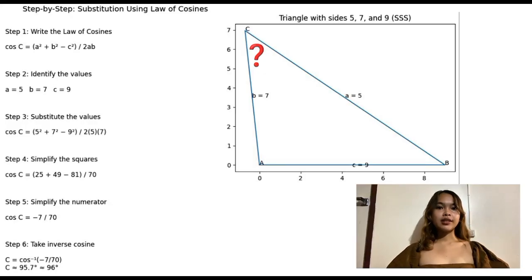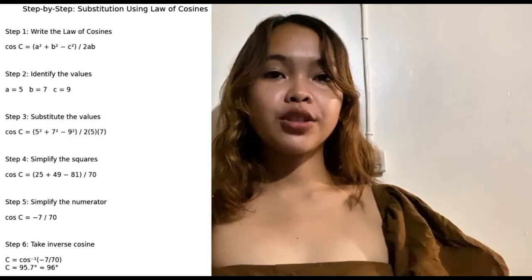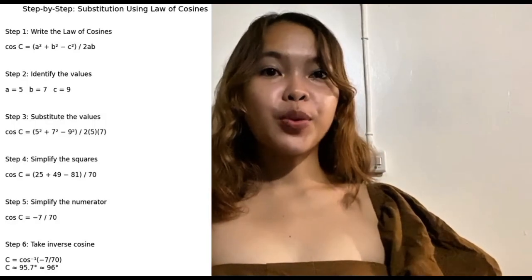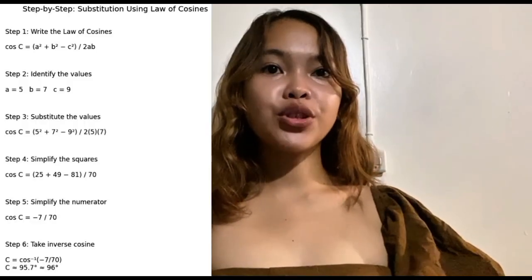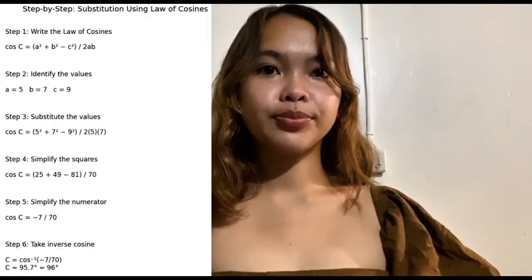Step 3. Substitute. We substitute the values into the formula. Cosine C is equal to 5 squared plus 7 squared minus 9 squared over 2 times 5 times 7. Step 4. Simplify squares. 5 squared is 25, 7 squared is 49, and 9 squared is 81.